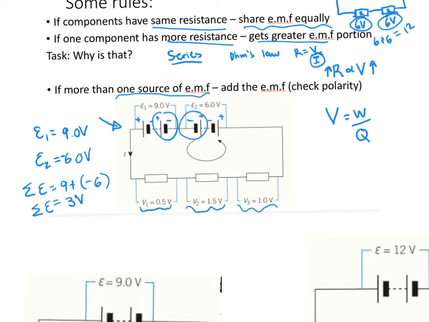The sum of the potential differences should be equal to the EMF. So that's 0.5 for V1 plus 1.5 for V2 plus 1.0 for V3, which is equal to 3 volts. And there I have it: the sum of my potential differences is equal to the sum of EMF across a single loop.